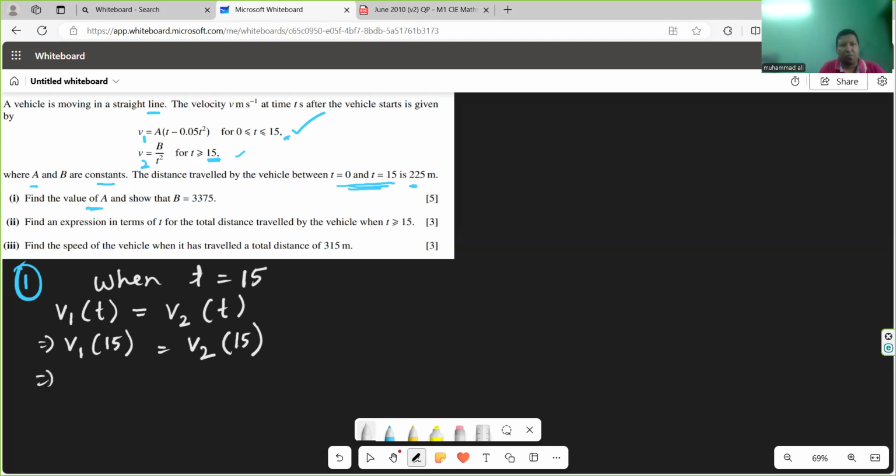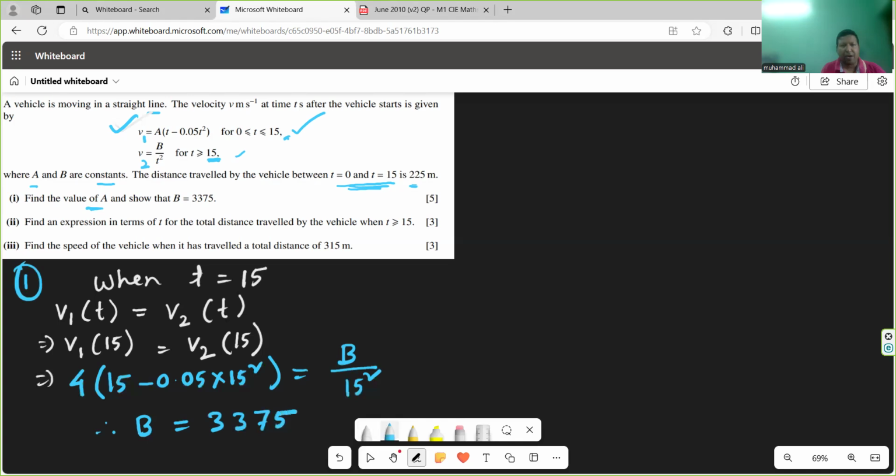So in velocity 1, we put in t equals 15, and we know that a equals 4 already. So 4 times (15 minus 0.05 times 15 squared) equals b by, instead of t, 15 squared. Now, if we simplify these things, we get b equals 3,375. So our part 1 is completed.